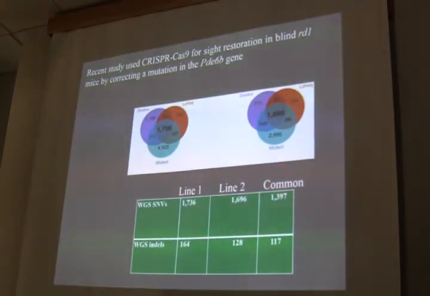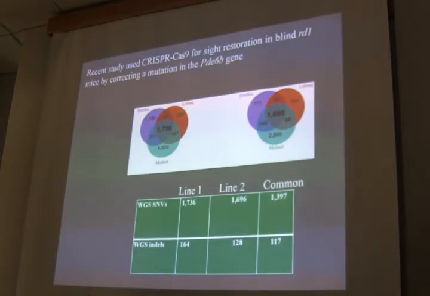So in that mouse there were over 1,700 mutations created by the Cas9, right? And in the second line, it had almost 1,700 again. And when they analyzed both of them together, 1,300 of them were the same mutation. So this is just not randomness. This guide RNA is finding different places in the genome to edit.